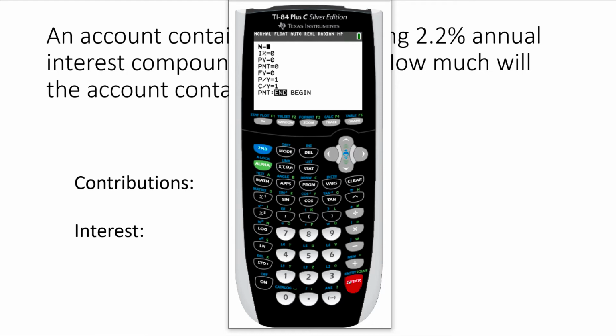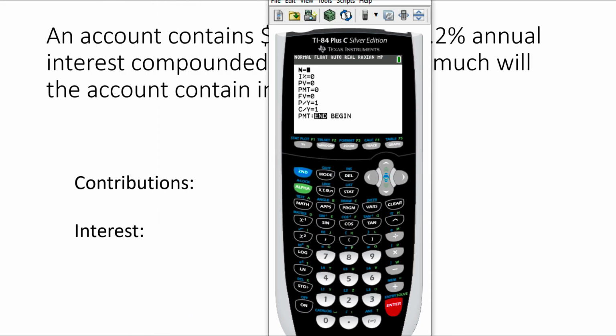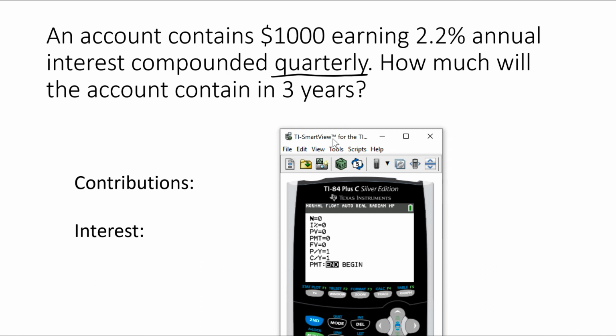All right, so N is the number of times interest will be compounded in total. So in this case, we want to know how much the account will contain in 3 years with interest compounded quarterly. If it's compounded 4 times per year for 3 years, it would be compounded 12 times total.